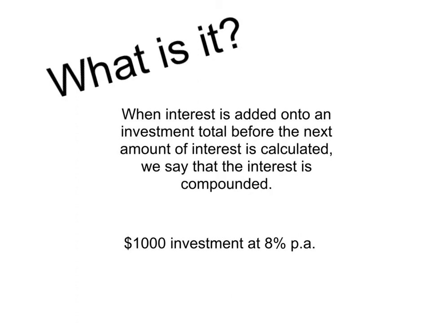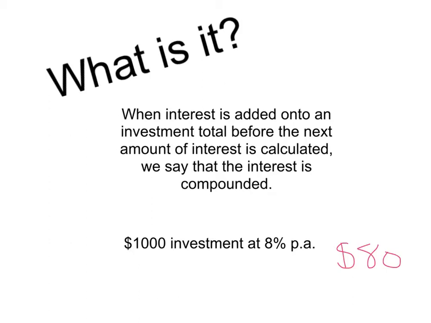With compounded interest, on the other hand, it is a little bit different, okay? Say, for example, we invested $1,000 at 8% per annum. After the first year, that investment would have accrued $80 because that's 8% of 1,000.